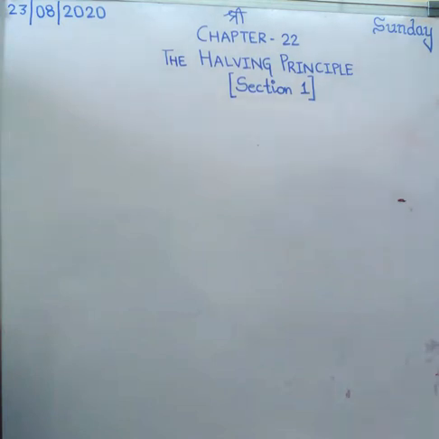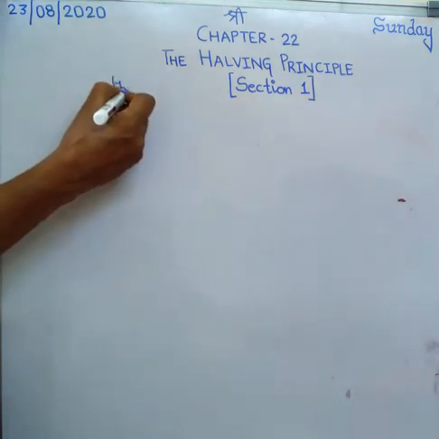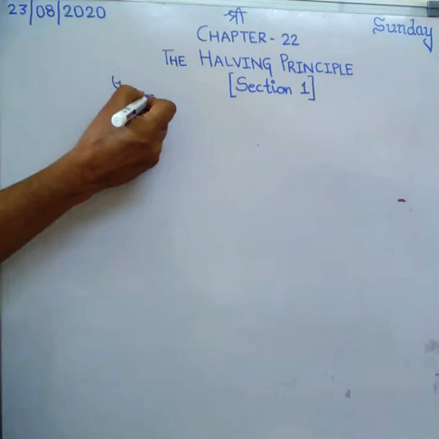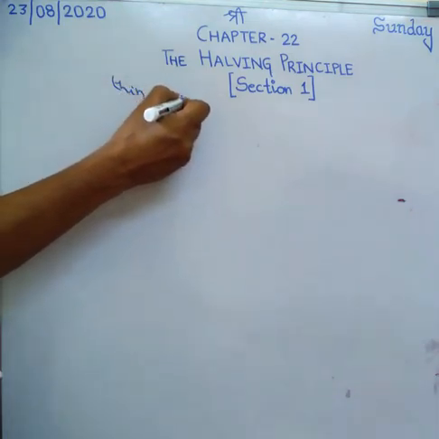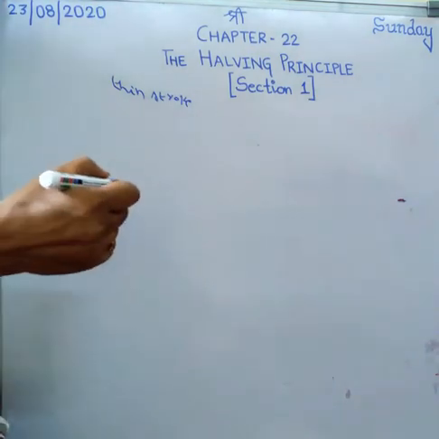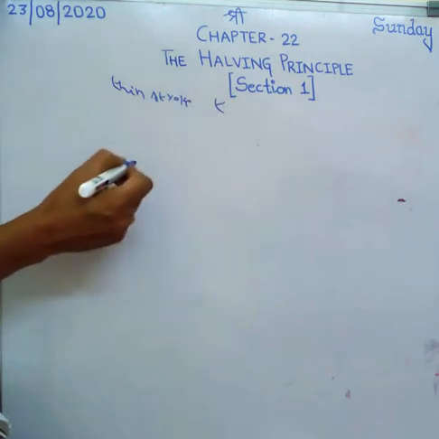But in case of a monosyllabic word, monosyllabic word means if a word contains only one syllable, that is called a monosyllabic word. In case of a monosyllabic word, when a thin stroke is halved, only the T sound is added.